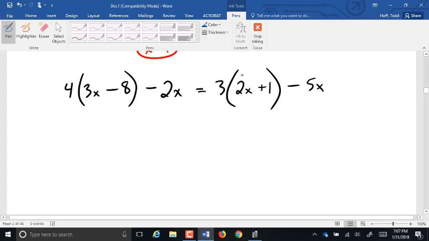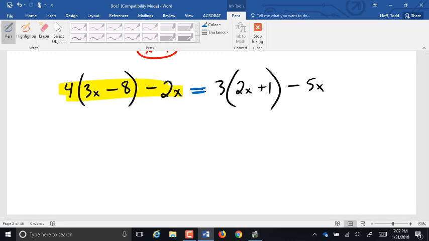Just a little more difficult. We can focus on each side of this equation separately to simplify. So I'm going to start on the left side over here first.